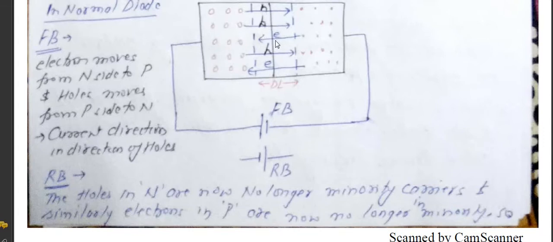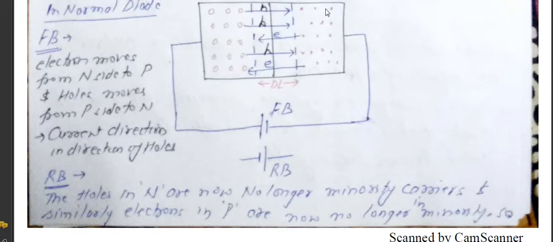So what happens when our switching rate is very high? In that case, in P side there are some electrons which are there, and those electrons are sufficient enough to make this P having sufficient amount of electrons. So in that case, now the electrons will be no longer the minority carrier in P type.